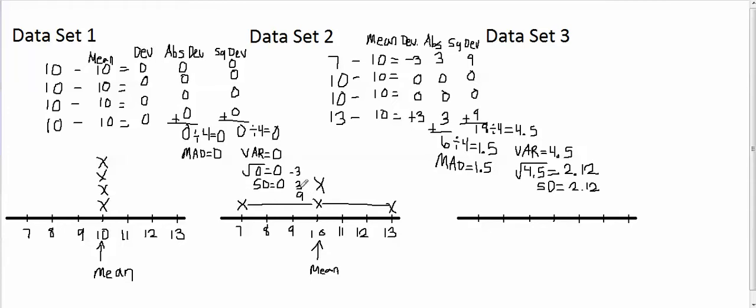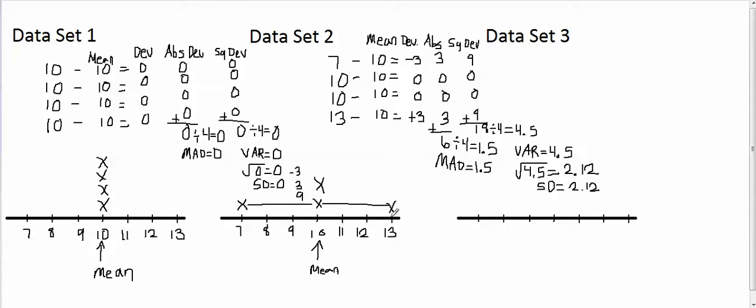The absolute deviation is just the distance from the data value to the mean. The squared deviation is just the squared distance from the data value to the mean. So you take the distance of 3 from 7 to 10, square it, and you get 9, which is the squared deviation.